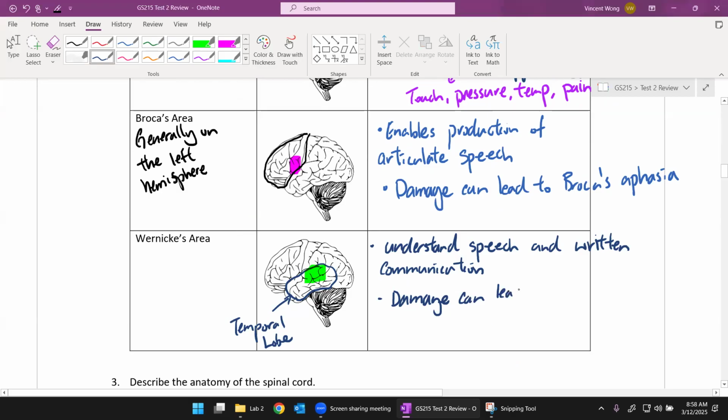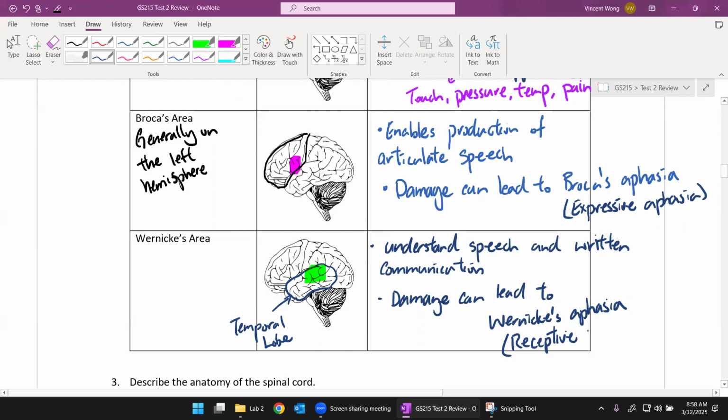Damage can lead to Wernicke aphasia. So Broca's aphasia is sometimes called expressive aphasia because you have trouble expressing yourself, whereas Wernicke's aphasia is receptive aphasia.